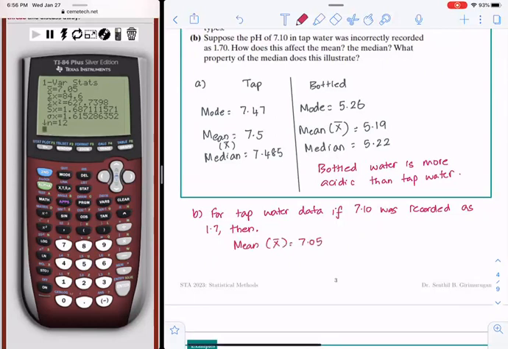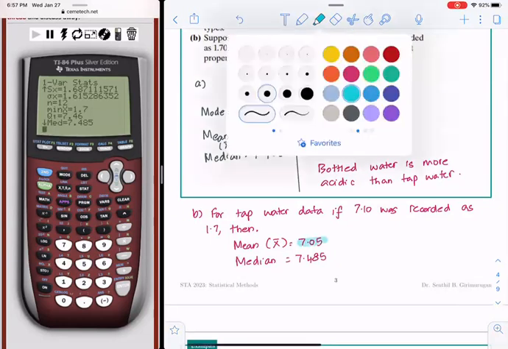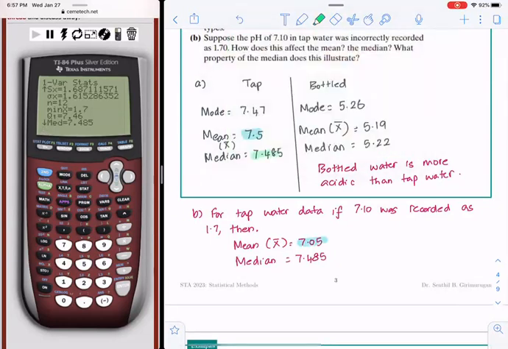So the mean X bar is 7.05. The median is 7.485. So what can we see? Because of the mistake that was made, the value of the mean changed. It changed from 7.5 to 7.05. But if you look at the value of the median, it did not change at all.